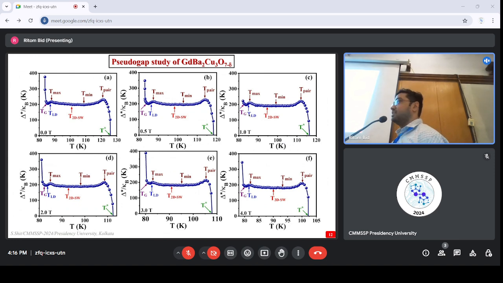As I have discussed earlier, we had the motivation to find whether the magnetic moment of Gd3+ has any contribution to the superconducting properties or not. So at least in the electrical property, it has no impact. That is why we have similar kinds of graphs. We only observed that with increasing magnetic field, all the characteristic temperatures are shifted towards lower temperature, which is very usual.